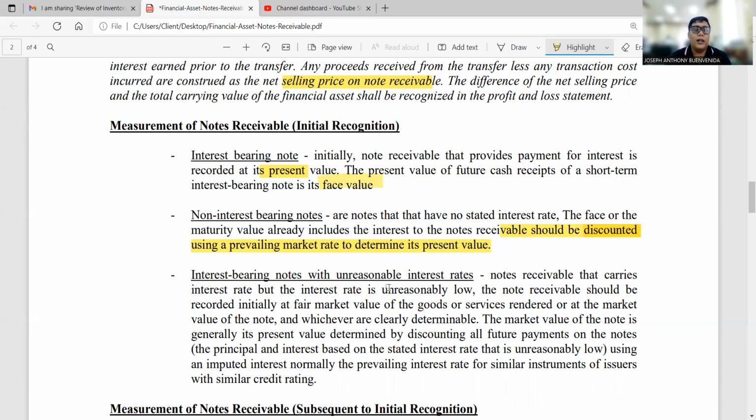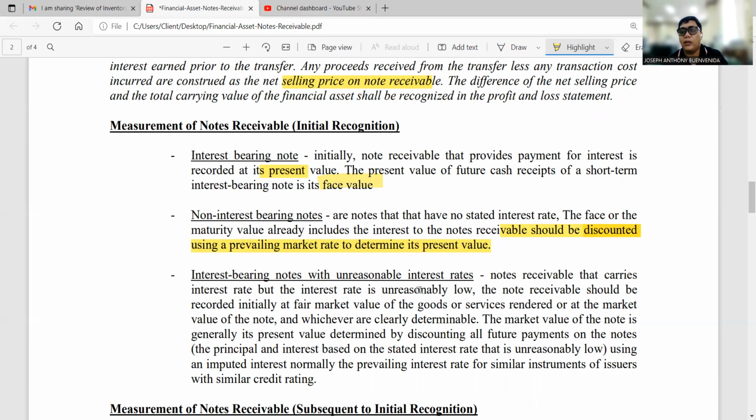The third one is the interest-bearing notes with unreasonable interest rates. When we say unreasonable interest rate, it is so low it is as if there is no interest. We have standards on which interest rates to use.